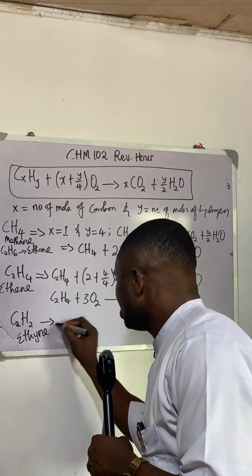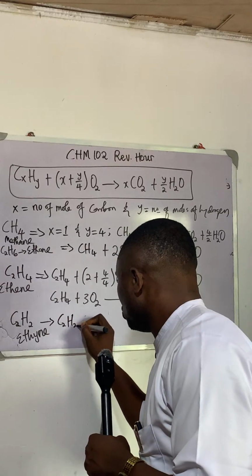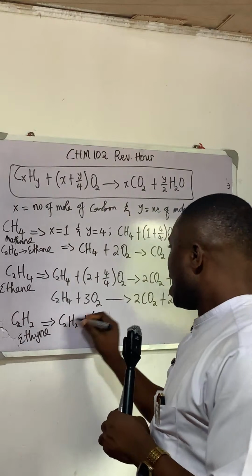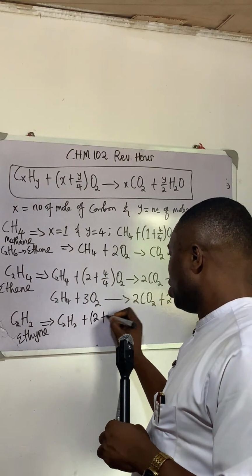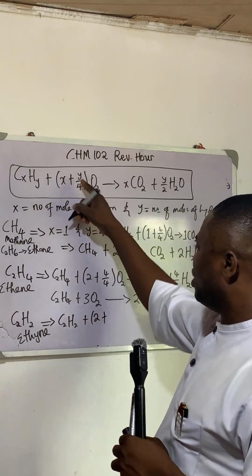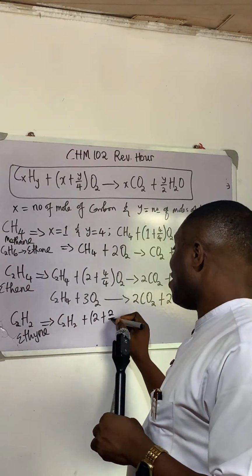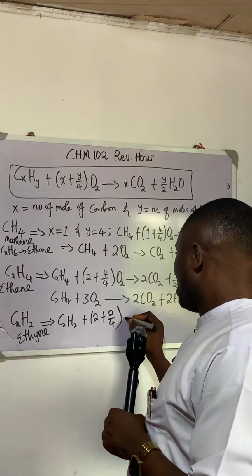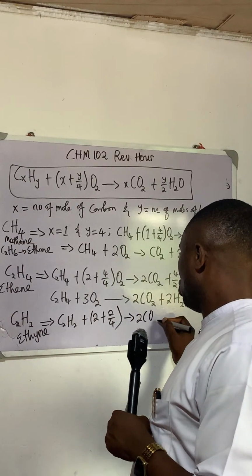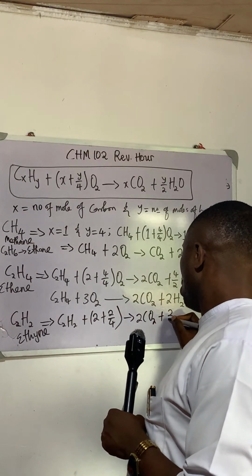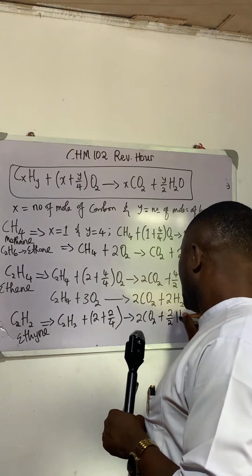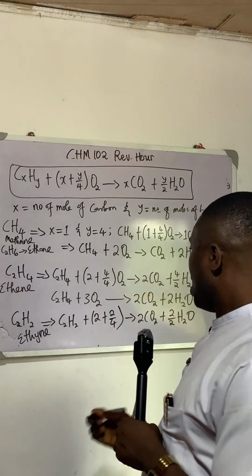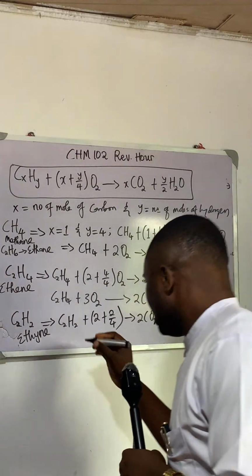Now, how do we balance this? This is going to be C2H2. This is how to balance. It becomes plus, bracket, our x is going to be 2 plus, remember it's 2 over 4, no fear. 2 over 4, then what do we have again? We have 2CO2 plus 2 all over 2 H2O. Are you seeing it now?